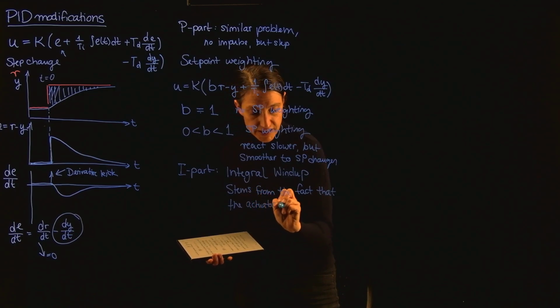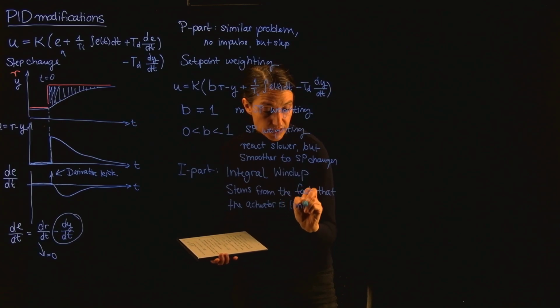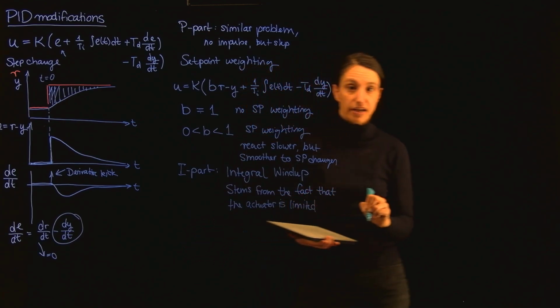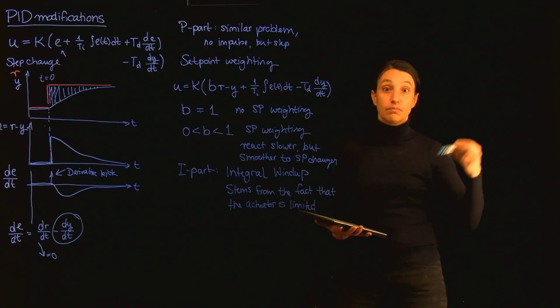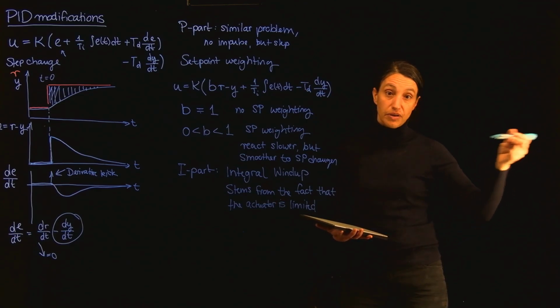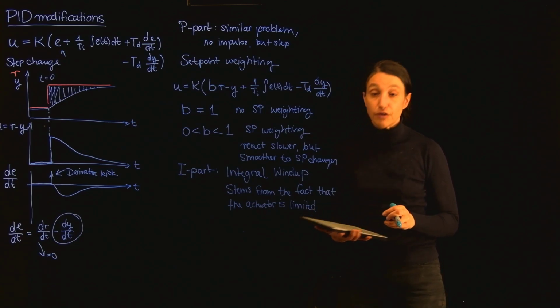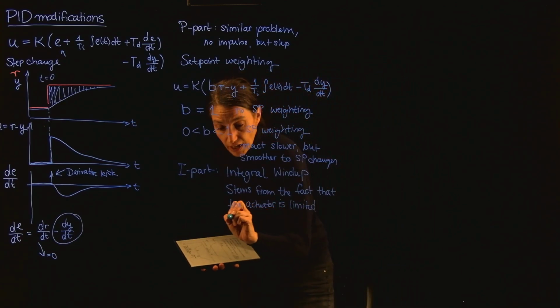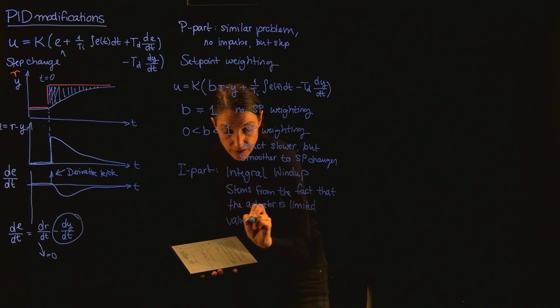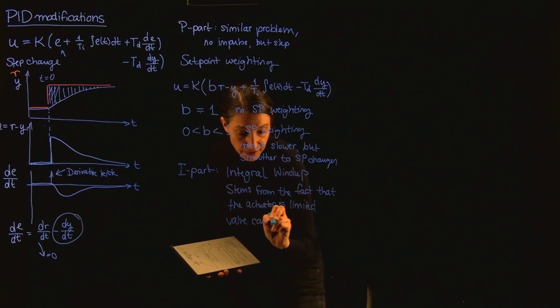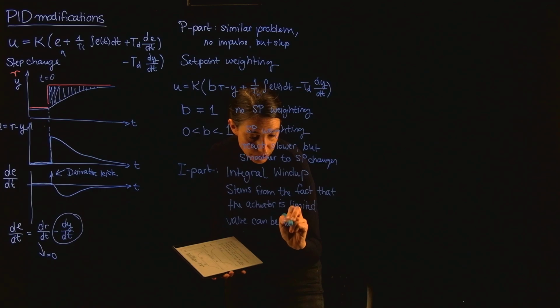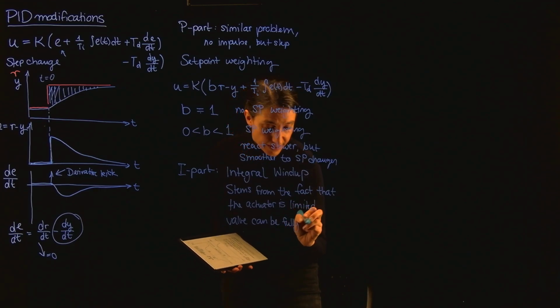I'm writing limited, but it actually is always limited. We never have an infinite actuator. We always have a maximum output, a control output signal we can act on our process, and we have a minimum one. So for example, a valve can be fully open or fully closed, but not more than or less than that.